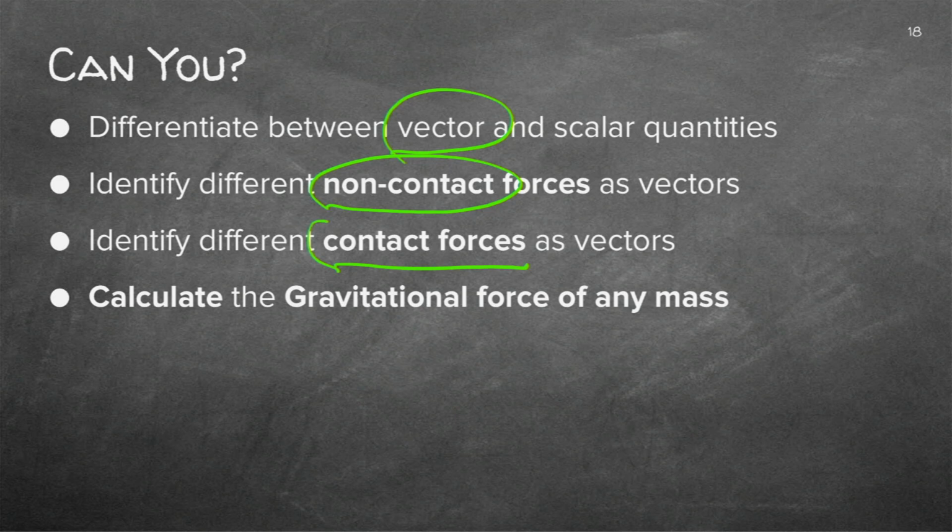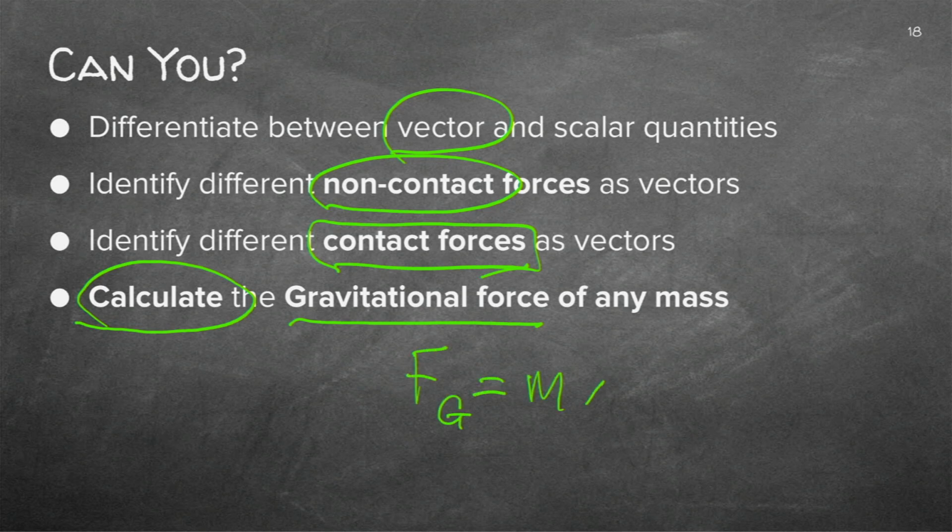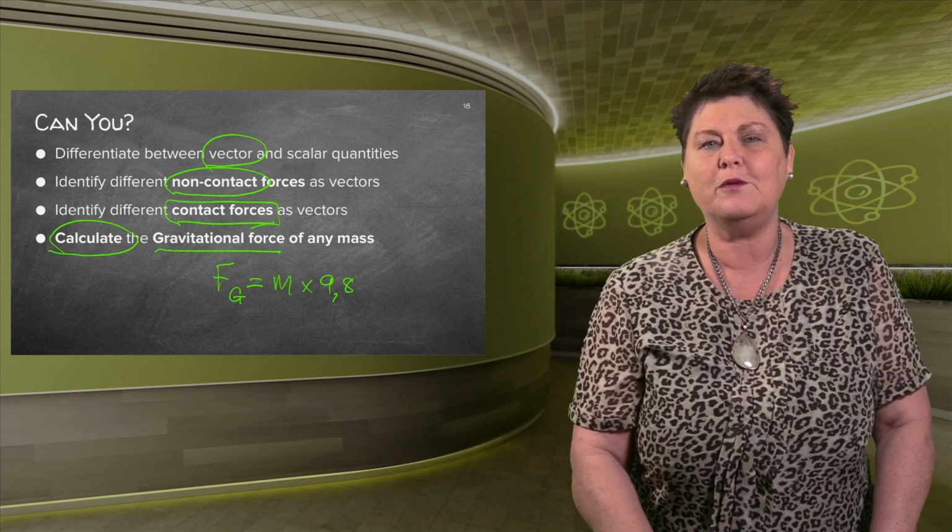So you need to know the contact forces because you are going to draw diagrams with that. And then finally, if you have to calculate the gravitational force, remember you've got your mass times the factor of 9.8.